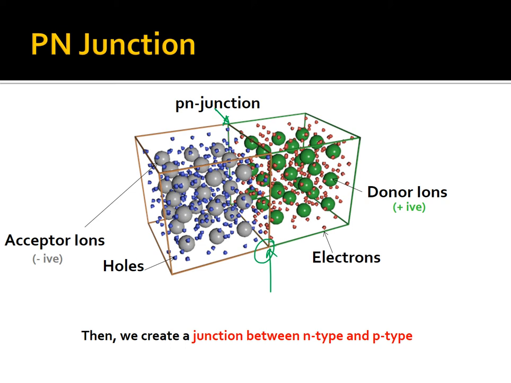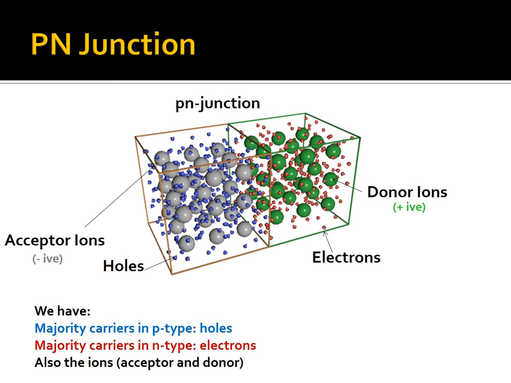As I discussed earlier, in the p-type the majority carriers are holes, and in the n-type the majority carriers are electrons, which are negatively charged particles, while a hole is a positively charged particle.